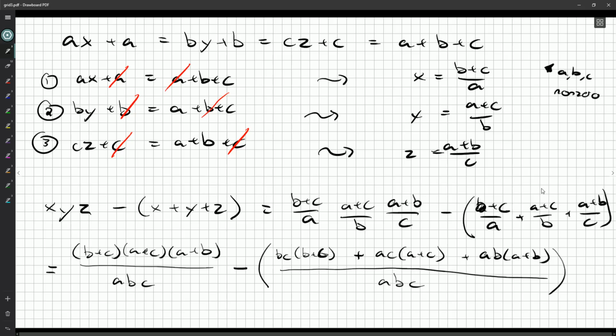So maybe when I combine these two fractions, they'll cancel out and just be leaving me with an ABC on top, in which case the answer would be 1. Because I don't think everything's going to cancel on the top to get a 0, but again, we'll see.